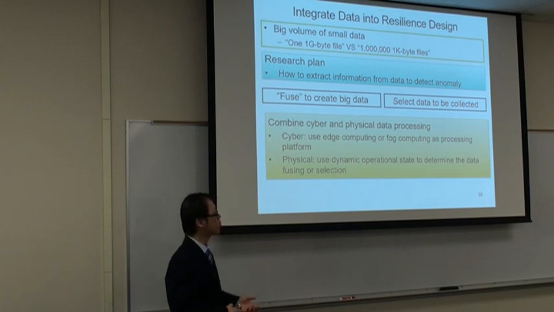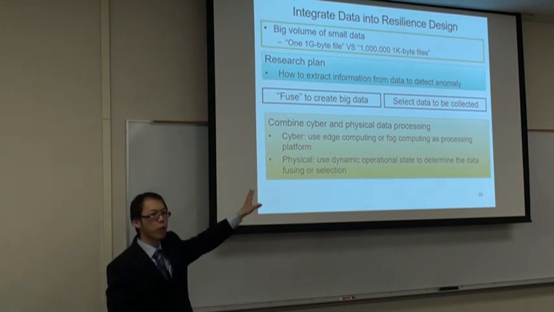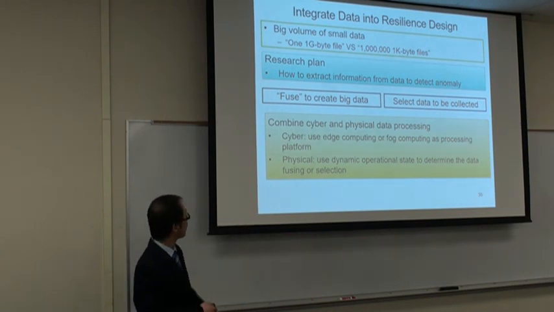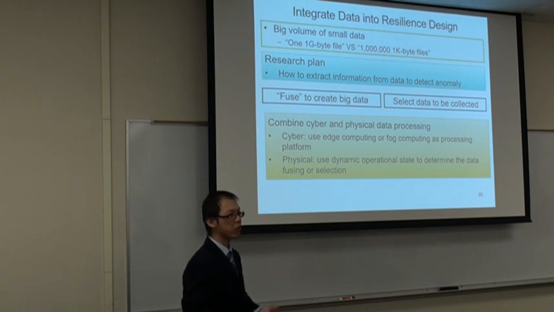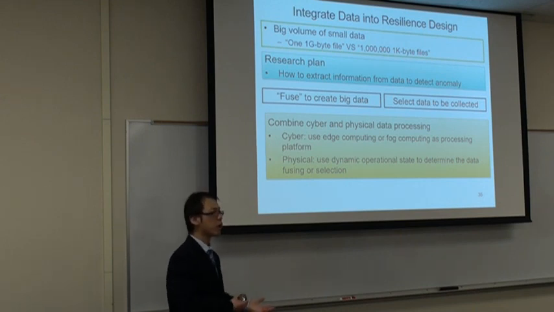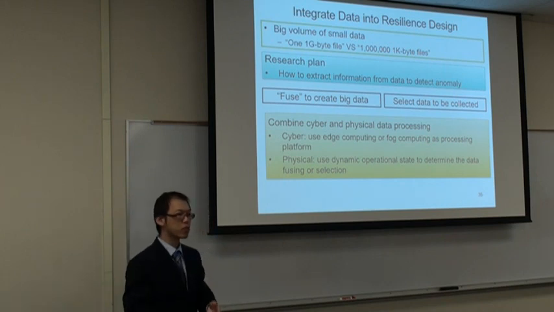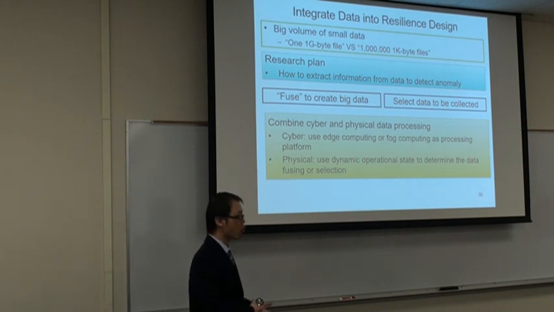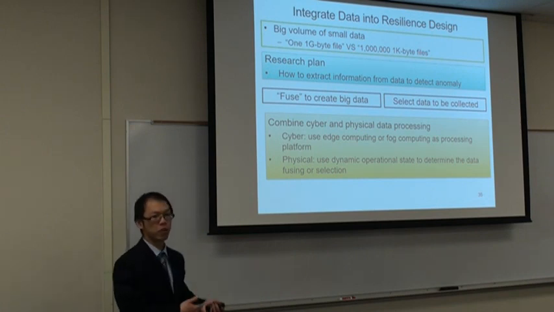For the cyber part, we use edge computing or fog computing, because it is a platform on the edge of the communication networks. For the physical part, we only focus on the data related to the physical operation. Non-related data we can probably just ignore; if it's not quite relevant, we just don't collect it or fuse it at a very early stage.